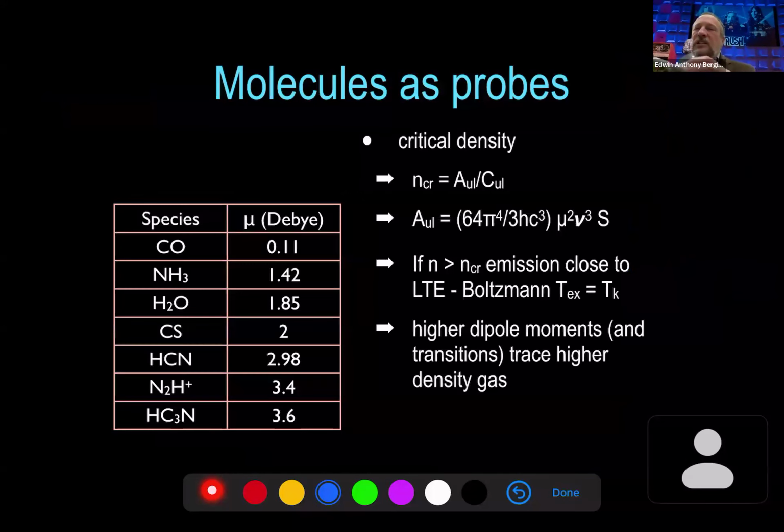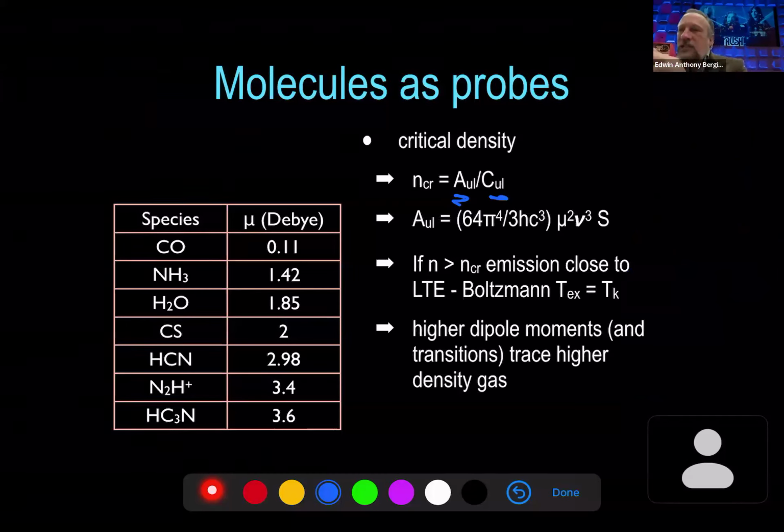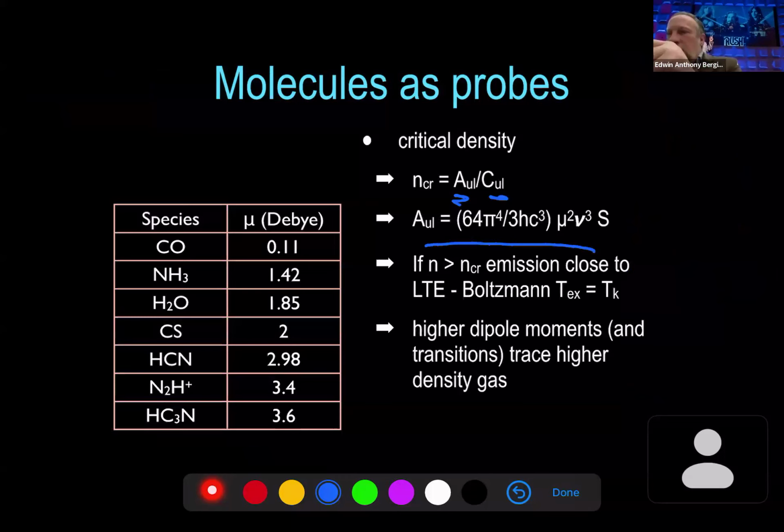We define this as a critical density. That's the Einstein A coefficient, the spontaneous emission coefficient, divided by the collisional rate. And this is what the A coefficient is. You can see different molecules have different dipole moments, so their Einstein A coefficients are different.